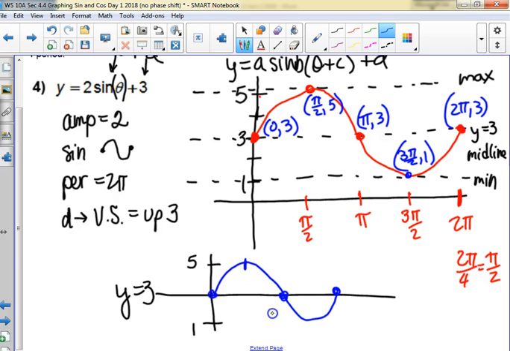The problem is I always get students who want to write pi, 0 here when they go back and write the ordered pairs. This is not pi, 0 because this line you told me is 3, right? All right. And then you have to go back and put in the quarter points. Everybody okay with one way or the other?